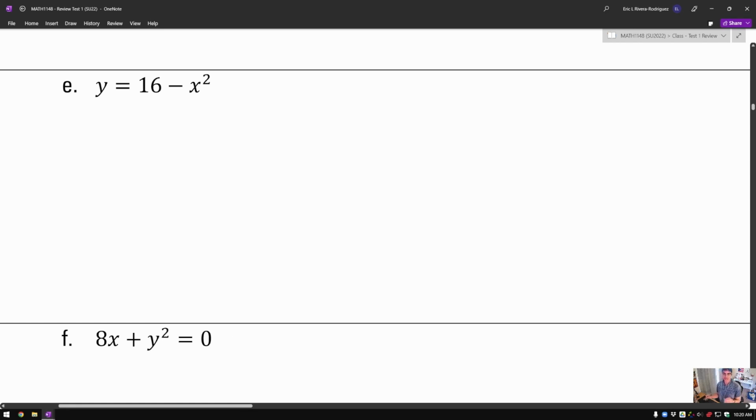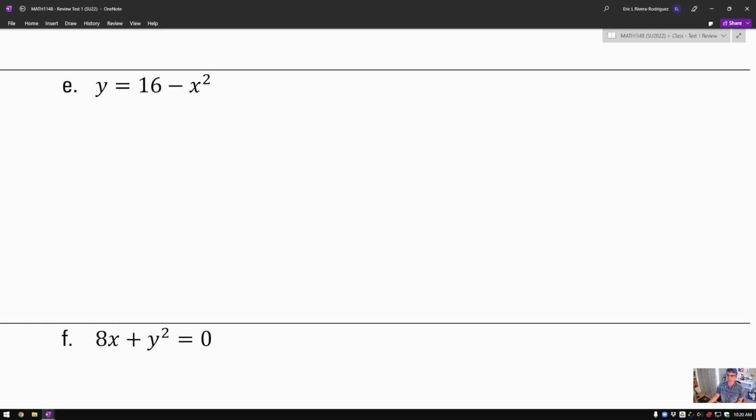We are going to test the symmetry of this equation algebraically. So we are not going to see its graph to determine symmetry. We are going to do the algebraic test that we have for symmetry to determine what kind of symmetry that graph, or that equation, has. Okay.